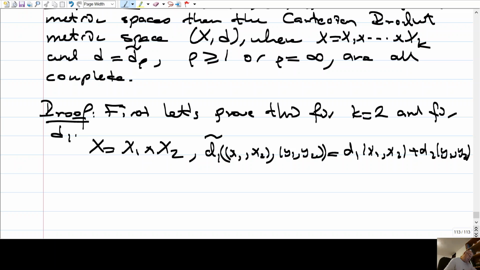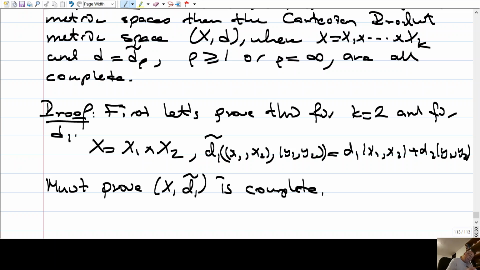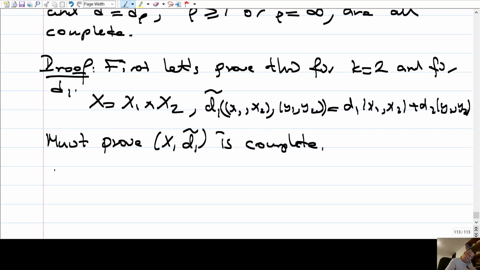Now, how can we show that this is complete? So we must prove (X, d tilde) is complete. Since all these metrics are equivalent, it is enough to show that d tilde is complete, okay? So I need to take a Cauchy sequence.